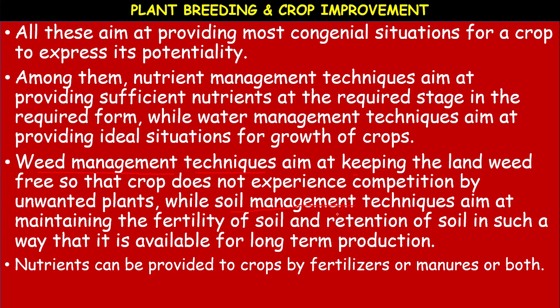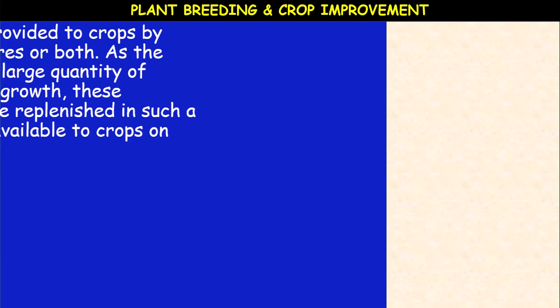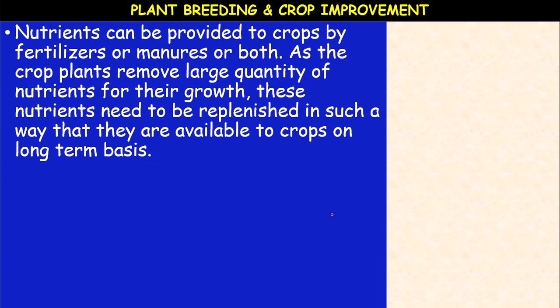The nutrients can be provided to crops in the form of fertilizers or manures or both, as the crop plants remove a large quantity of nutrients for their growth.